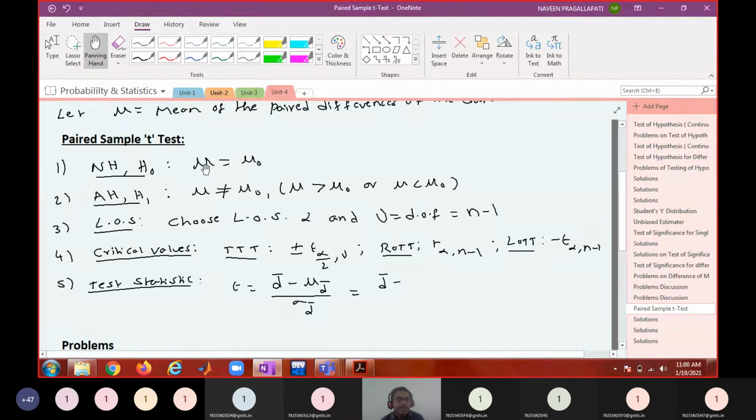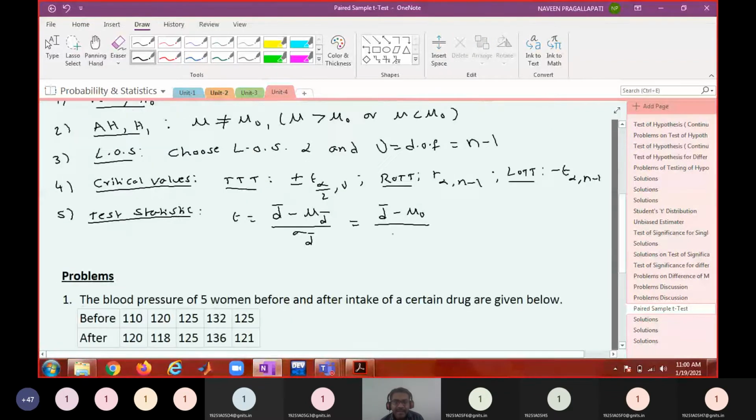So that mu we are considering as mu naught. So I can write it as mu naught divided by S cap by root n. What is S cap?